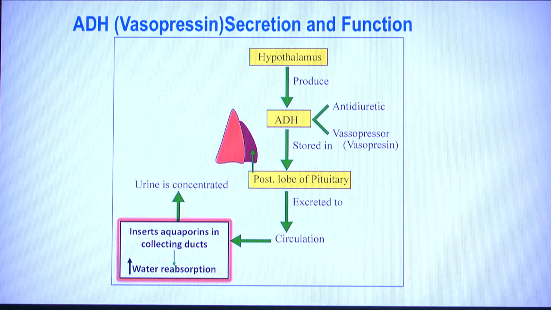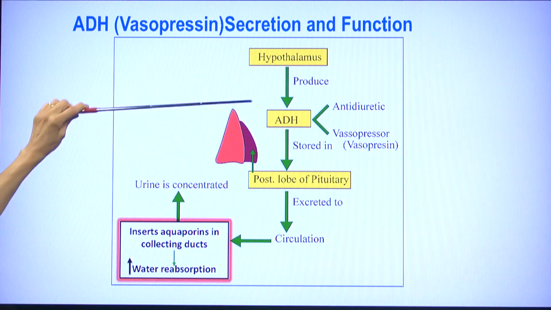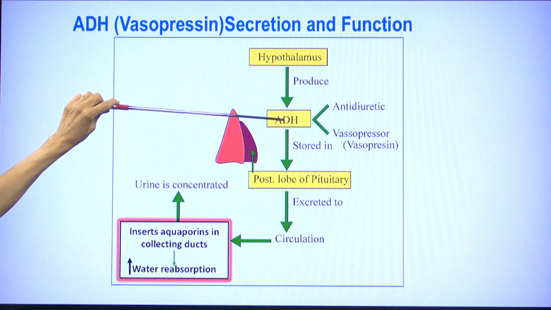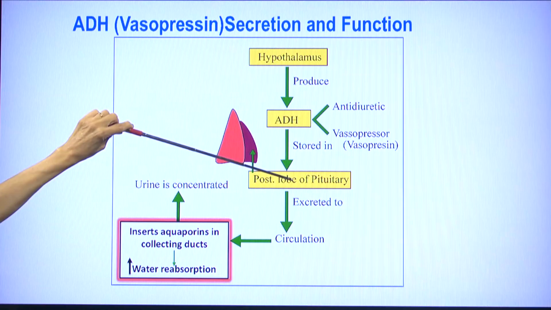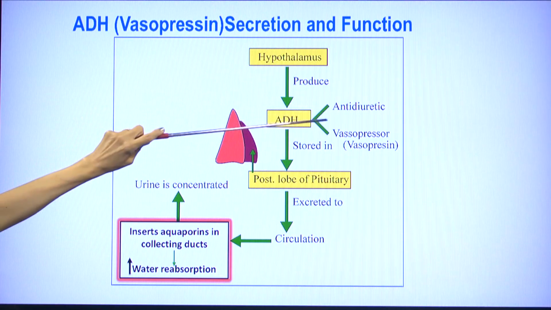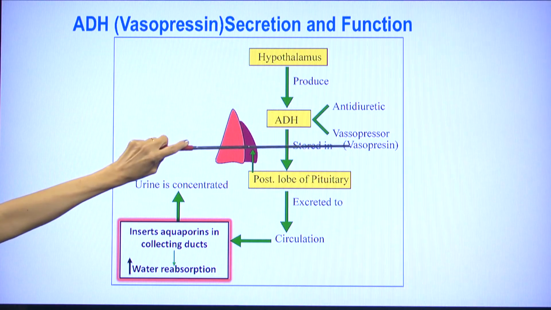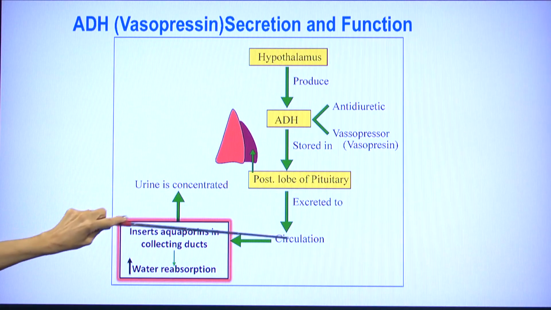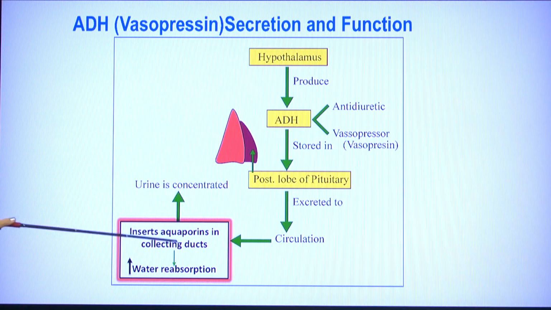A couple of words on antidiuretic hormone or vasopressin. It is produced in the hypothalamus. It is stored in the posterior pituitary gland. It's called antidiuretic hormone or vasopressin. It leaves the pituitary, goes to the kidney. What does it do in the kidney?